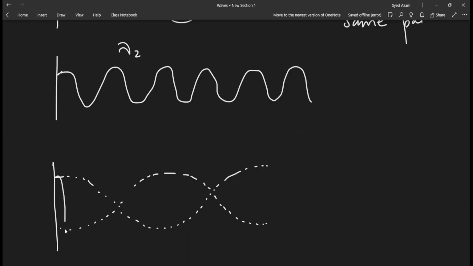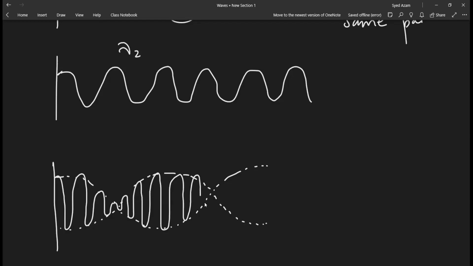It forms like this. These are the beat frequencies that are formed.